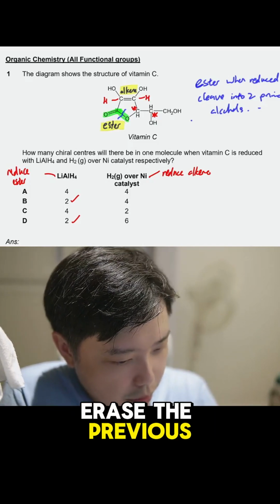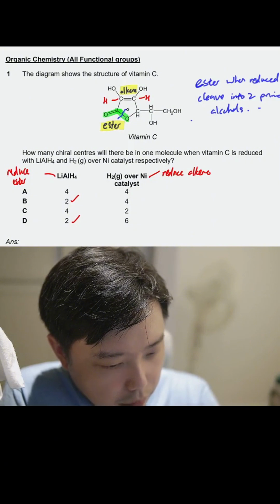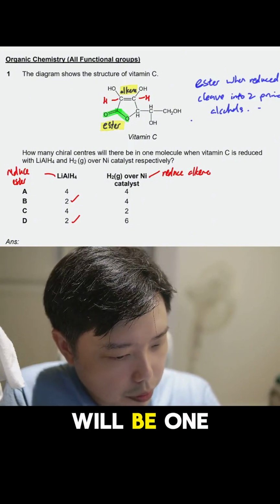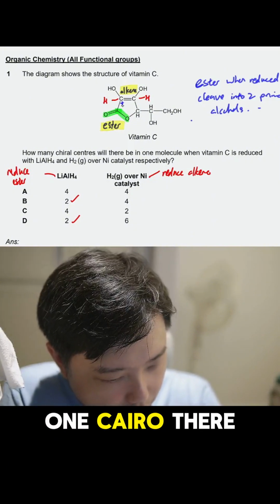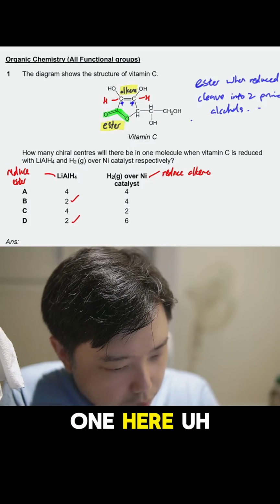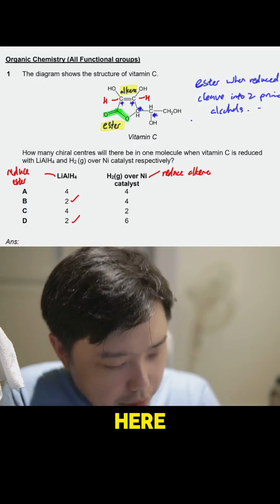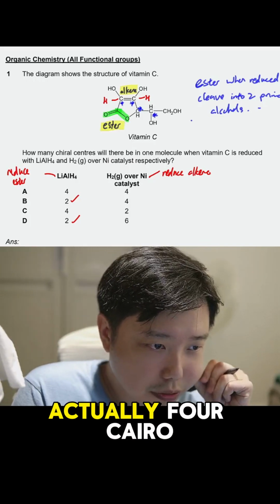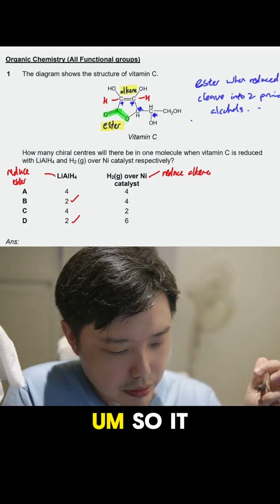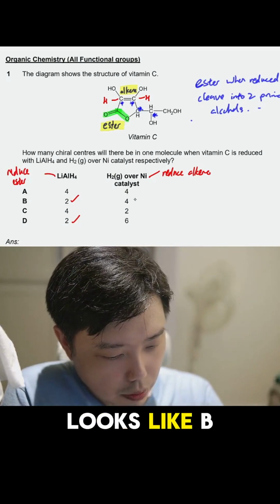Sorry, let me erase the previous one. Okay, so there will be one here, one chiral. There will be another one here. As usual, there will be one here, and there will be one here. So there's a grand total of 4 chiral carbons. So it looks like B is our answer.